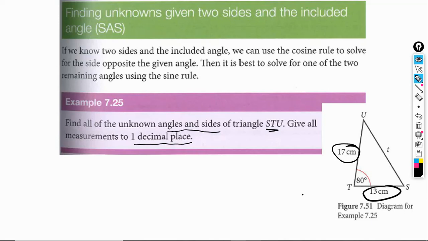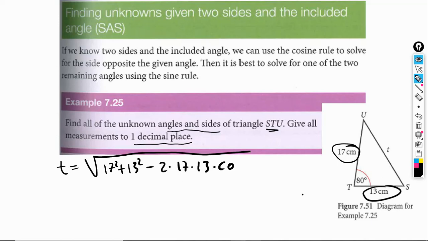So let's do that first. So side t would be equal to the square root of 17 squared plus 13 squared minus 2 times 17 times 13 times the cosine of 80.